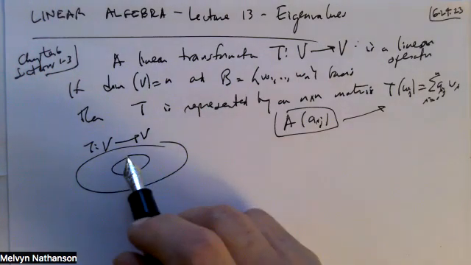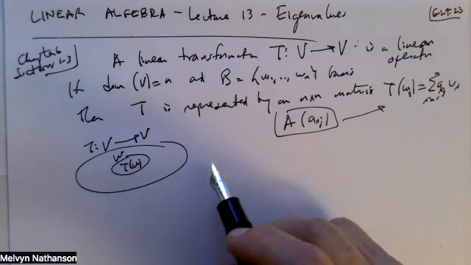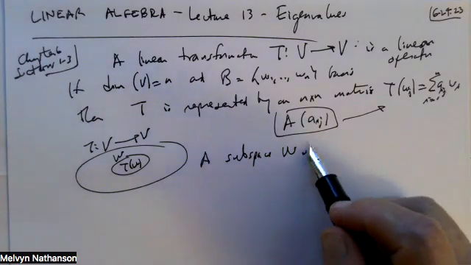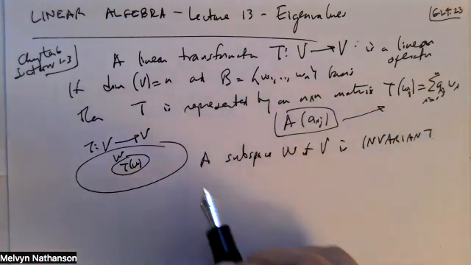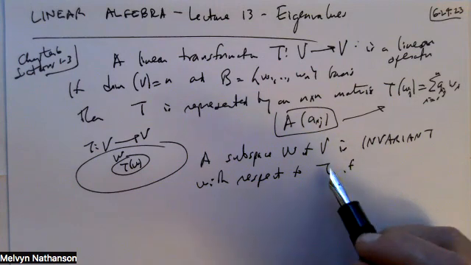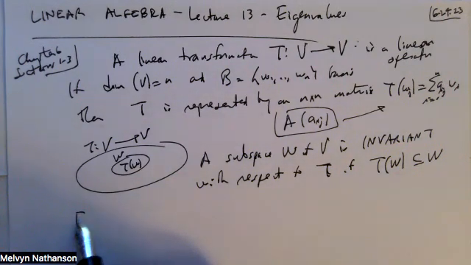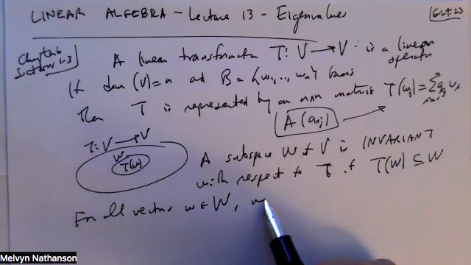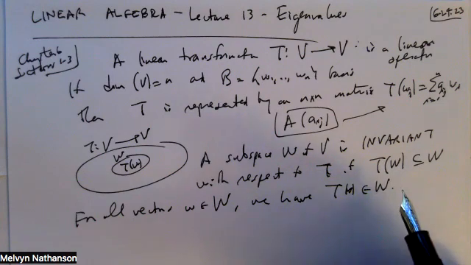Now it might be there's a subspace W contained in V, and T of W is actually contained in W. So we say that a subspace W of V is, and the word we use is invariant with respect to T if T of W is contained in W. What this means is that for all vectors w in the subspace W, we have T of w is also contained in W.